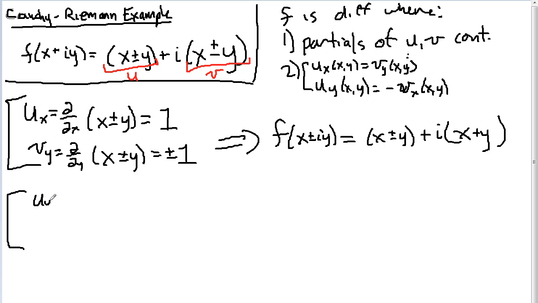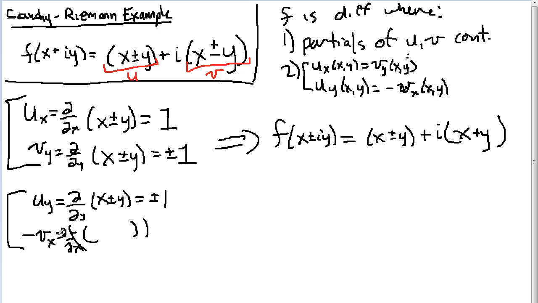I can do uy and negative vx. And I'll just write down the negative sign here before I forget. Uy is equal to the partial with respect to y of x plus or minus y, and that's equal to plus or minus 1 because of the y. Similarly, this should be the partial with respect to x of negative, the negative comes from over here, x plus y.